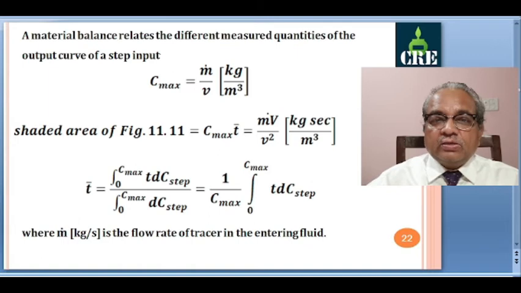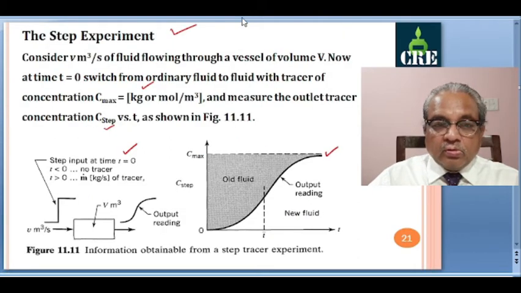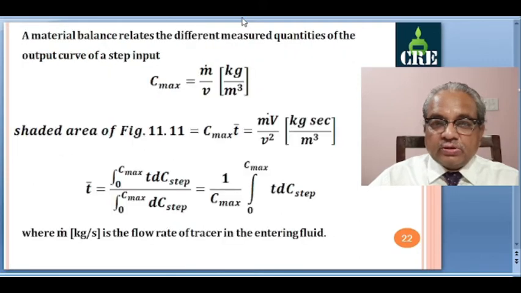A material balance relates the different measured quantities of the output of a step input. C max is m dot by v. M dot is in kg per second, and the volumetric rate is meter cube per second.